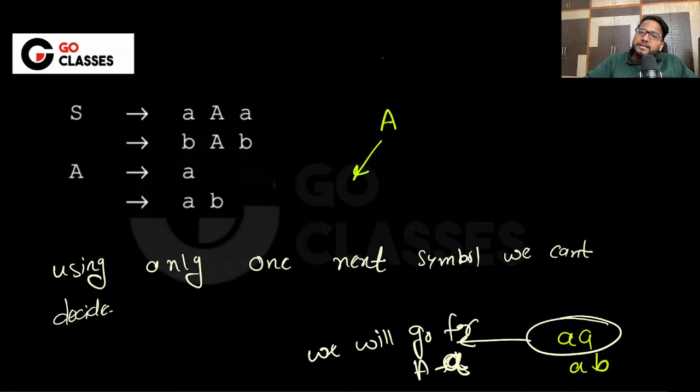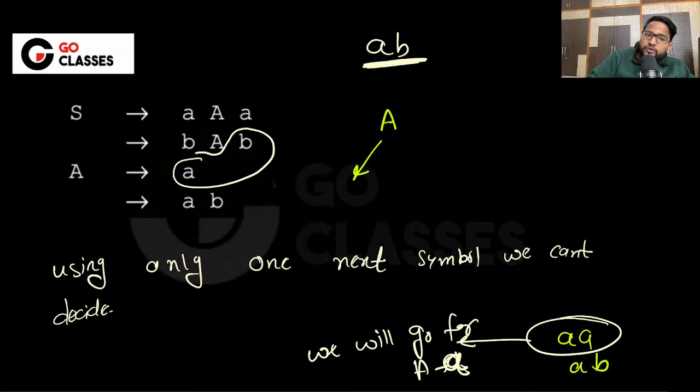What if the next symbol is ab? If the next two symbols are ab, then can you decide whether you should be going for this or this? Let's just check. If the next symbol is AB, then maybe this or maybe this also, because once you replace this A, then maybe it is the case, right? See, you don't know the history.